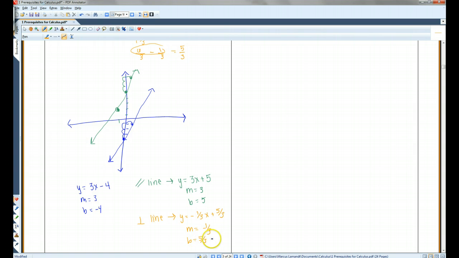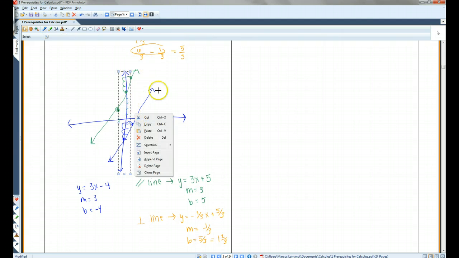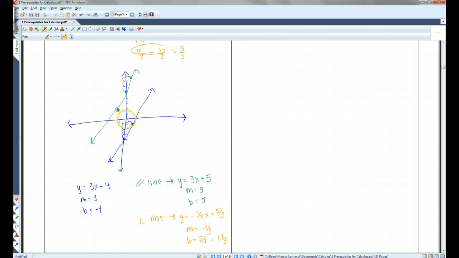So 5 over 3 is like 1 2/3 if you write that as a mixed number. So it's almost 2. So 1 2/3, it's right about here. And my slope is negative, so I'm going to go down 1 over 3.